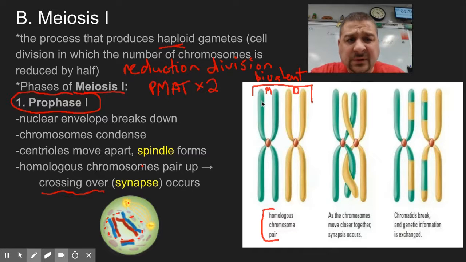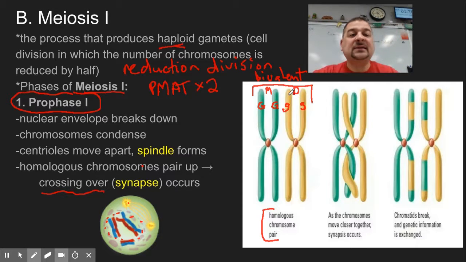And these would have similar genes for eye color. Let's say this had a dominant big G, and maybe this has a little g over here. So they both have a gene for a certain trait, but maybe different dominant or recessive.